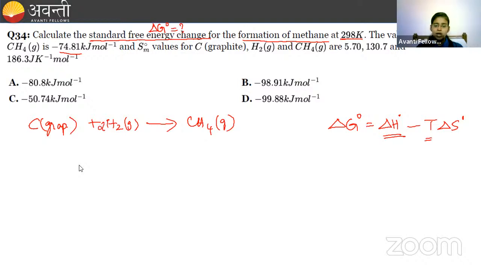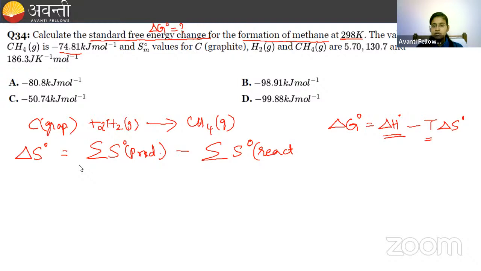This is the required equation, and the delta H value is given. Let us find the delta S value. Delta S naught is equal to the summation of S naught of products minus the summation of S naught of reactants. Who is the product here? Methane is the product, and the methane entropy value is given. It is 186.3.